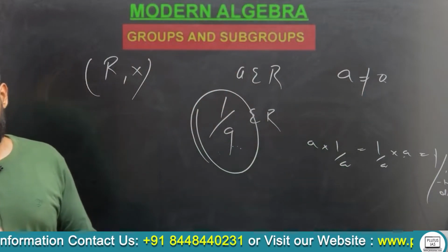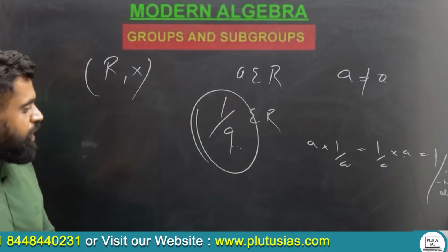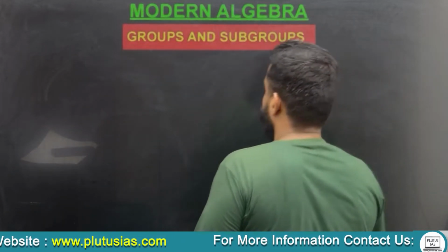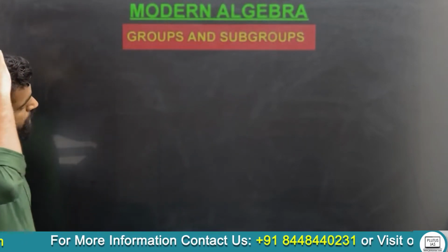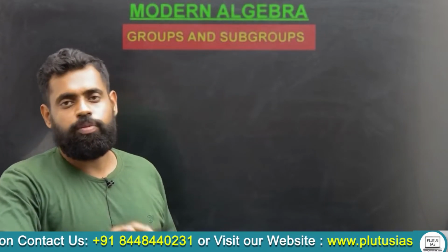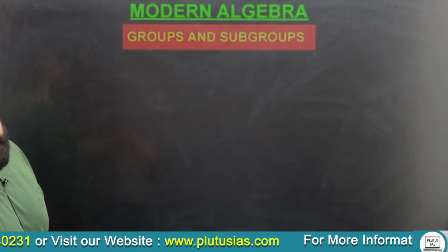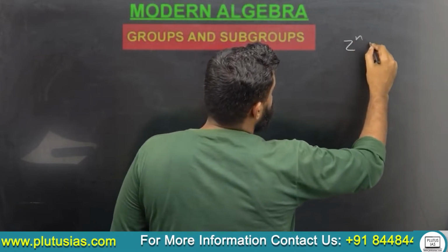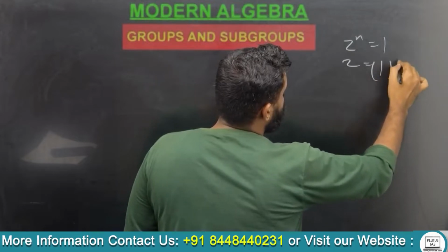Okay, so these were some of the simpler examples. Now if we move ahead with a little more complex example, what about if we consider a set containing the nth roots of unity? First of all, what is the nth root of unity? If z to the power n is equal to 1, then z is equal to 1 to the power 1 by n.